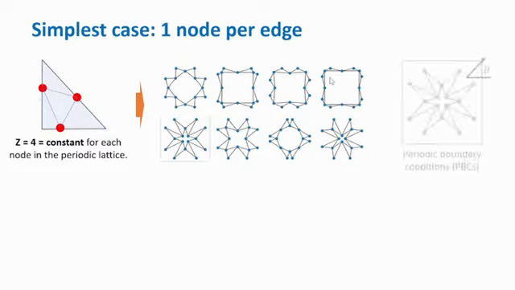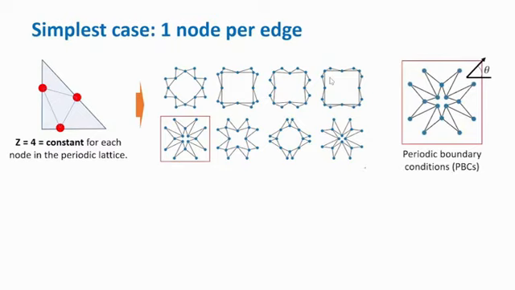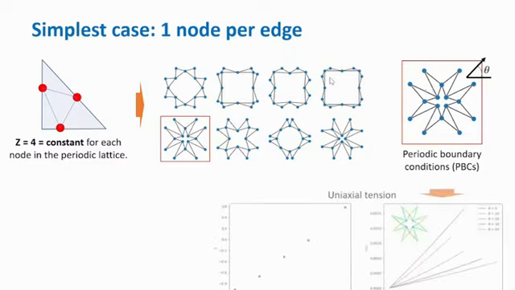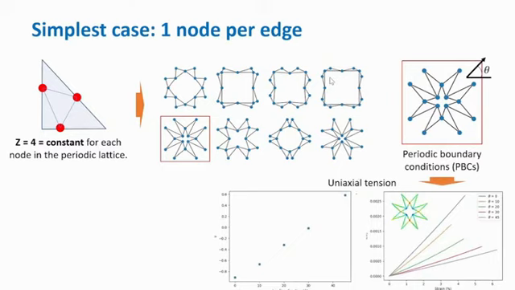Here are some examples. Then we applied periodic boundary conditions to the single unit cell together with different loading directions. We apply uniaxial tension strain at different loading directions.